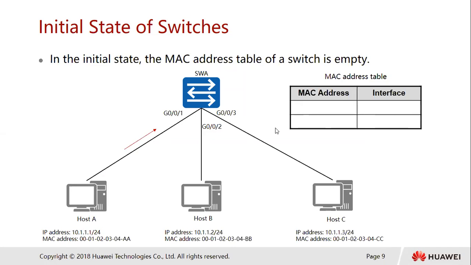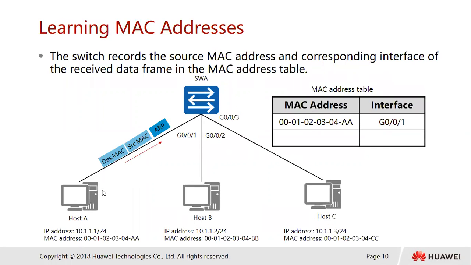Once you connect, let's say, host A to the switch, this host is going to send its MAC address to the switch. This is the message. We are going to have the destination MAC and the source MAC, and this is an ARP.